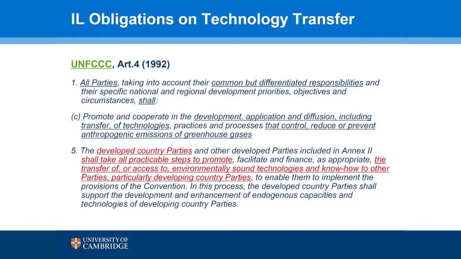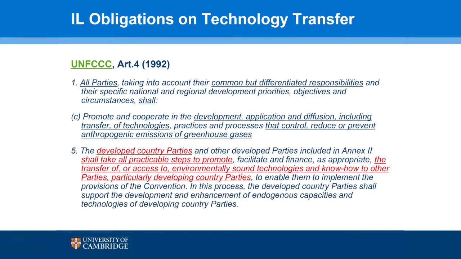Under the UN Framework Convention on Climate Change, there is a particular general provision in Article 4, which includes a basic obligation for developed countries to effectively take measures to transfer and encourage the transfer of these environmentally sound technologies. However, there is no indication how that is supposed to relate to intellectual property rights.